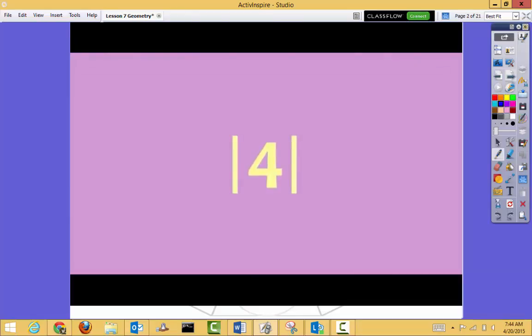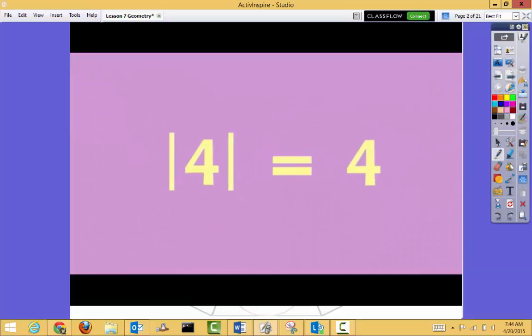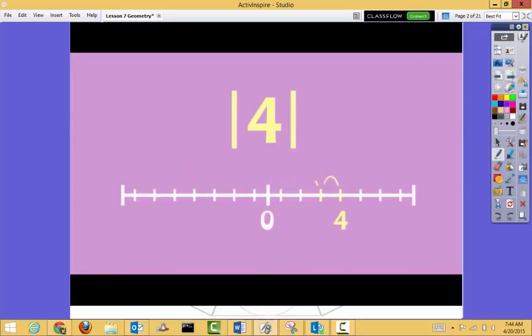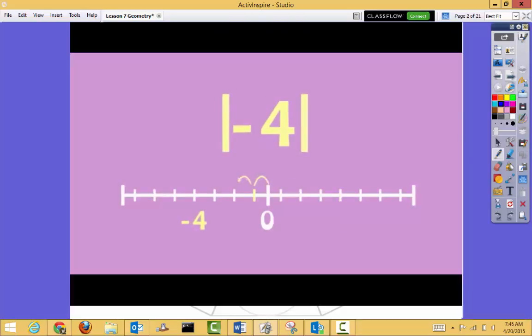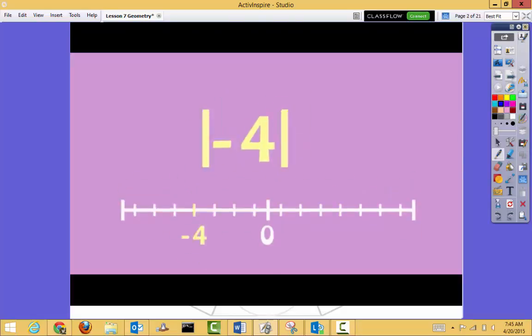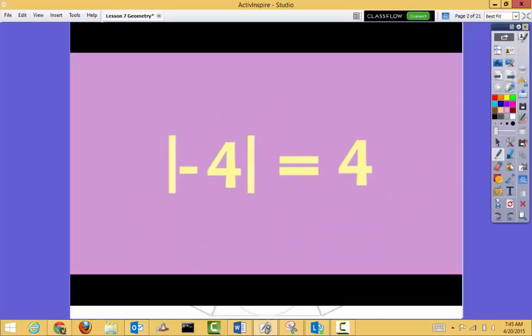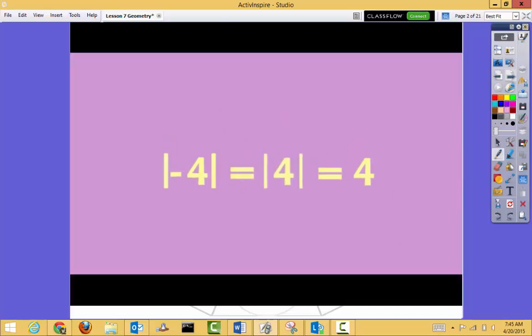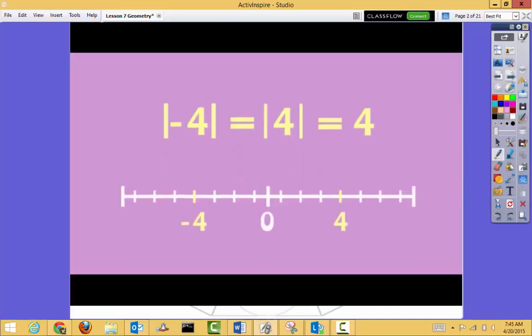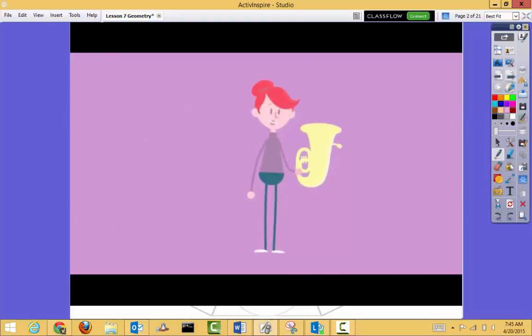The absolute value of 4 is 4, because 4 is 4 places from 0 on the number line. -4 is also 4 places from 0 on the number line, so its absolute value is also 4. Absolute value is always a positive number because it's the distance from the other number, in this case 0, no matter the direction.